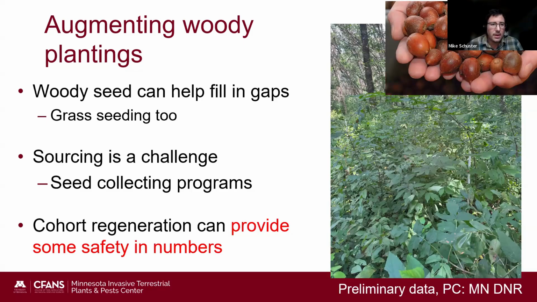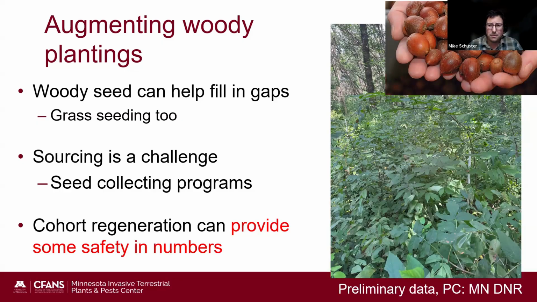But if you do plant, you likely want to combine that with some of those earlier methods that we talked about, like herbaceous seeding. We can also use woody seeds to help fill in the gaps too. Woody seed can be challenging to secure, right? There's a limited number of species that actually have commercially available seed. But of course, the DNR has the seed collection program, and we can always try to do some more volunteer stuff or self-sourcing of seeds.